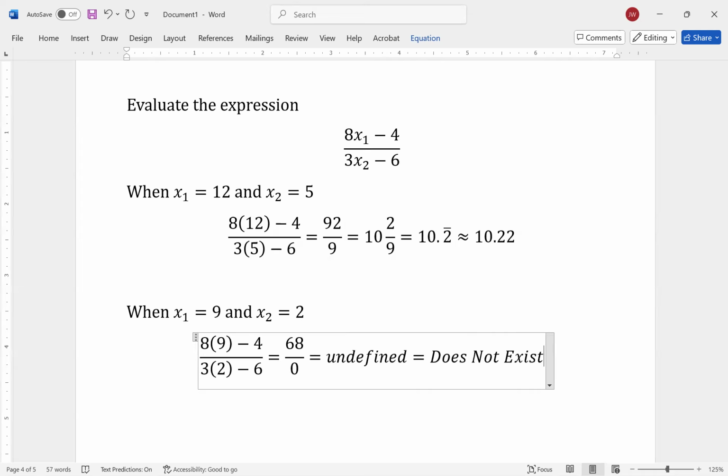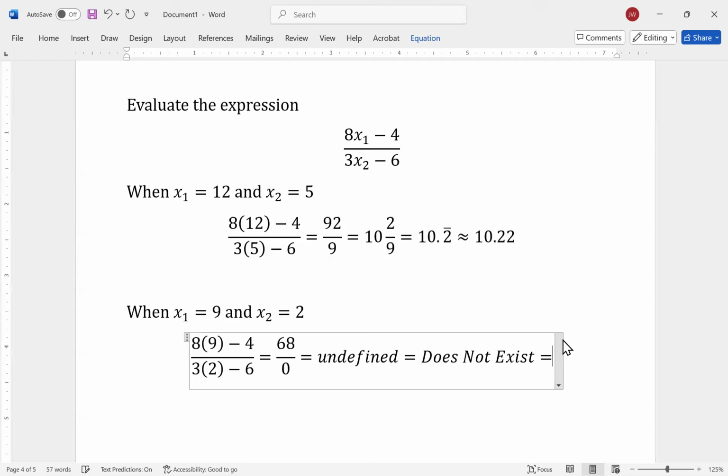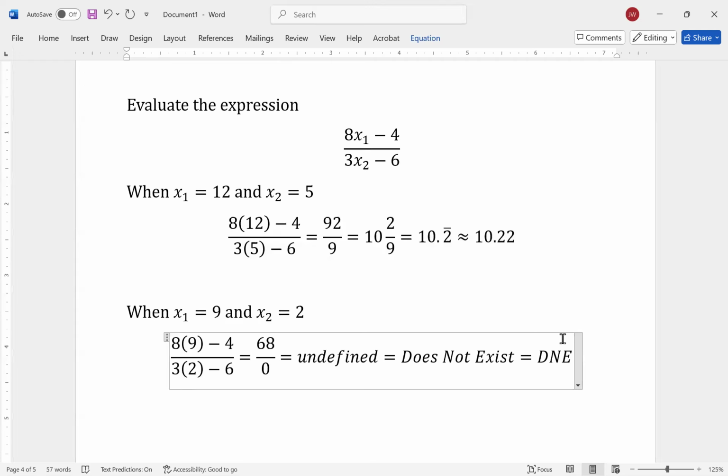And oftentimes, when the expression does not exist or when it's undefined, we just shorten that to DNE, as the shorthand version for does not exist. Dividing by 0 on your calculator would give you an error.